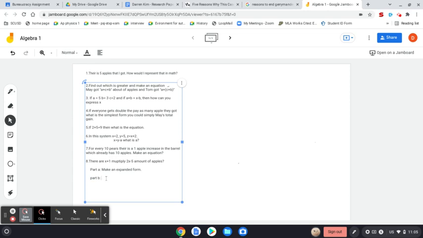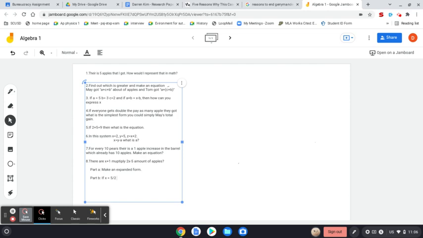So let's make this part B, and let's say, all right, if x equals, you can't do negative here. So 5 divided by 2, which is impossible. If they know that the variable is apple, I'm going to make this ABCD.